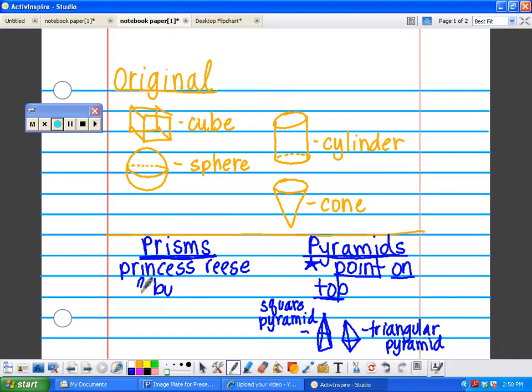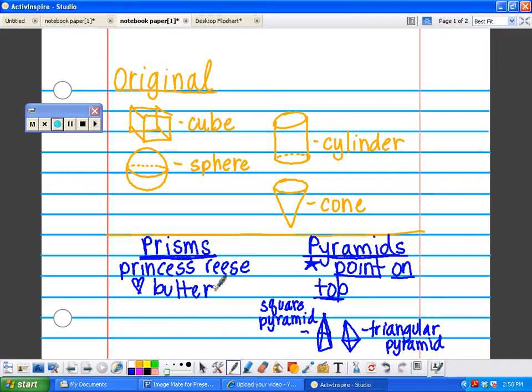When you see a stick of butter, whether it's in the shape of a square, maybe it's a really fancy stick of butter in the shape of a, what's this one? Triangle. What about if it's even fancier in the shape of a hexagon? But if it looks like a stick of butter and you can slice it like a stick of butter, what am I going to call it? Princess Reese would love this. What am I going to call it?